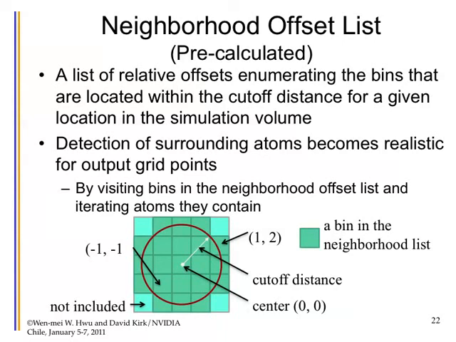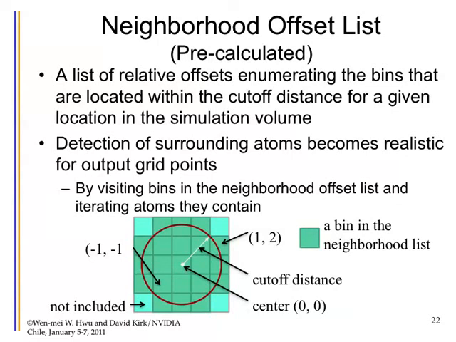So it can be a very long list. But the list gives you all the XYZ offsets of the bin coordinates of all the bins that need to be looked at. This list is given to the GPU, and it is calculated on a relative basis.